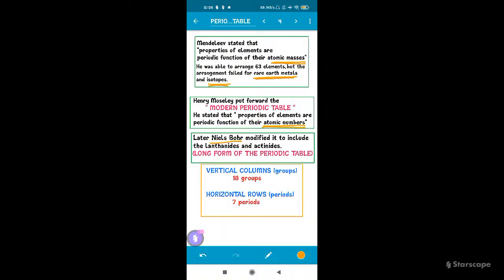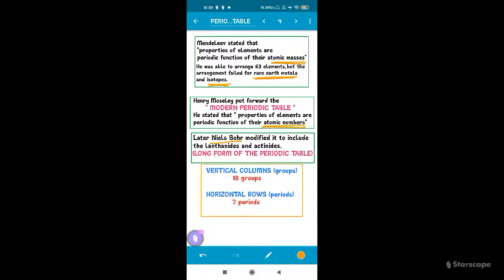So now you might think that okay, all the problems of chemistry's periodic table have been corrected, but no, my dear, the problem is still prevalent because whatever idea was given by Henry Moseley is also not 100% accurate. You will learn about this in class 11, what the disadvantages of Moseley's periodic table are, and efforts are being made so that a better periodic table is made that can accommodate all the other elements into the same table itself.